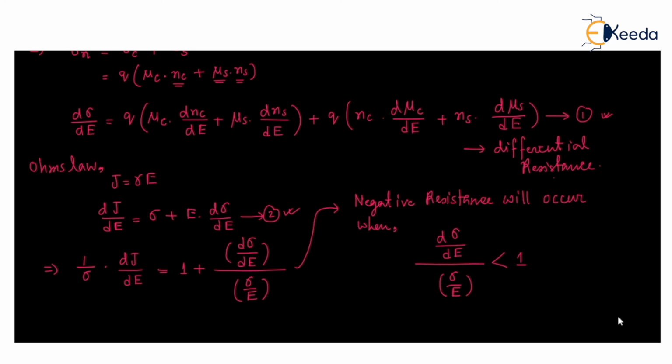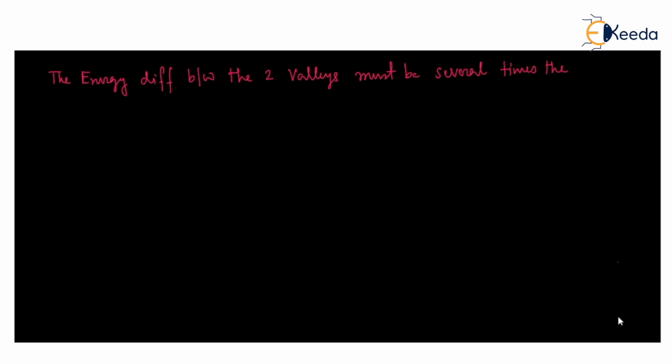Now, when the negative resistance occurs, we can say that the energy difference between the two valleys, that is the central valley and the satellite valley, must be several times larger than the thermal energy.